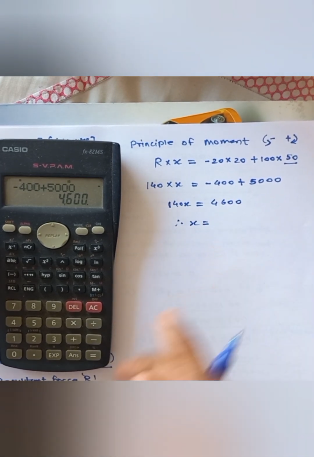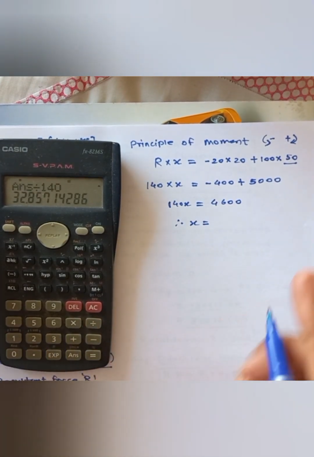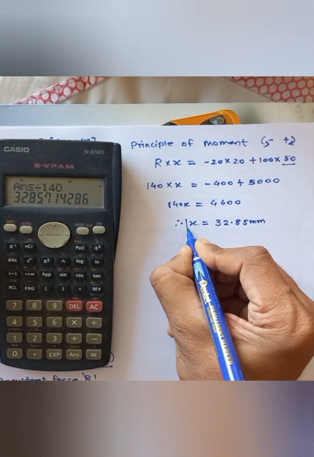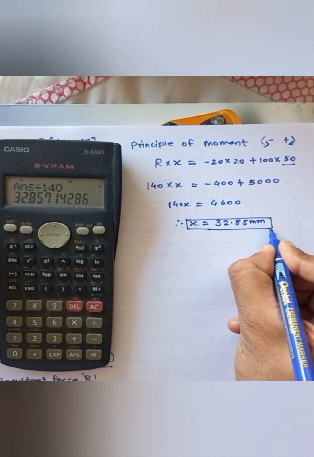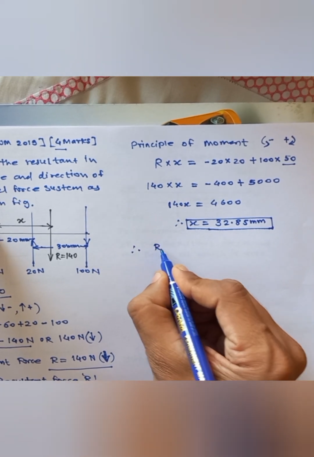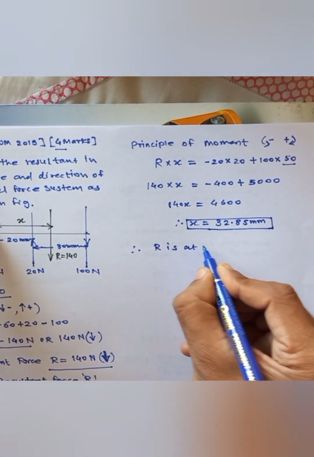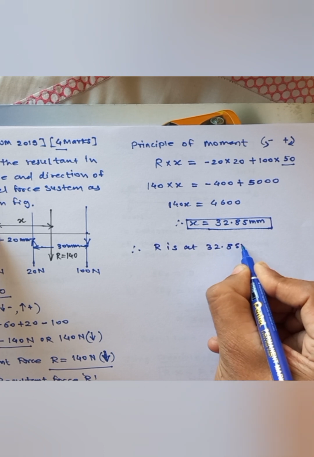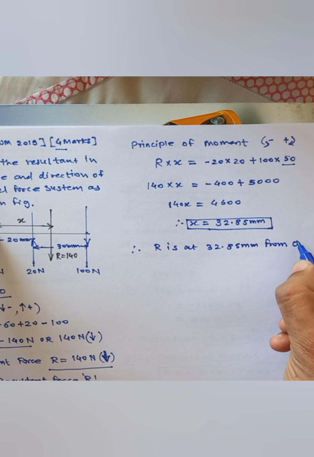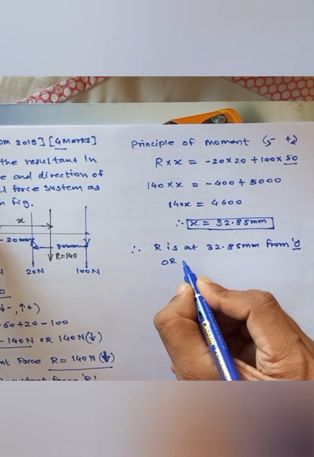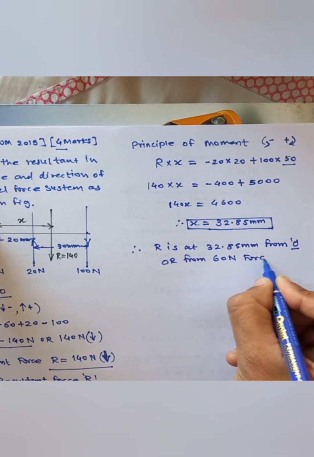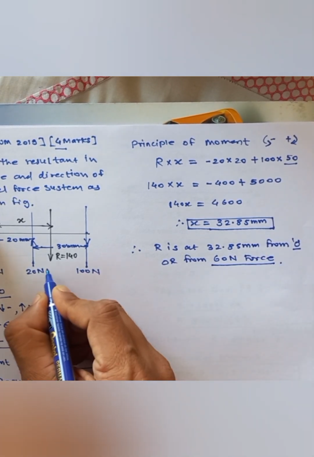Hence x equals 4600 divided by 140, which comes to 32.85 mm. It means R is at 32.85 mm from the O point, or from the 60 Newton force, as shown in the diagram.